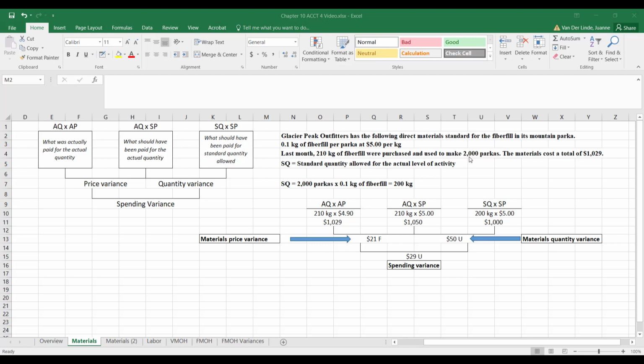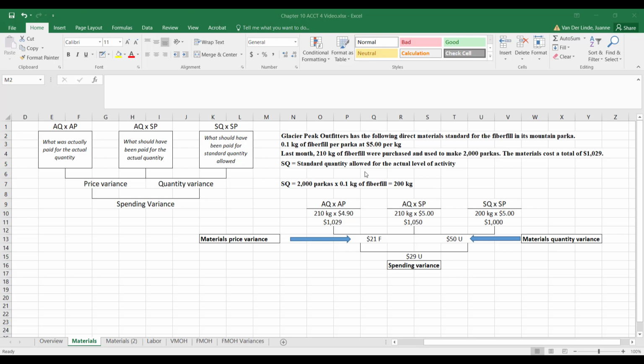Here, the actual output, the actual level of activity, is 2,000 parkas. In terms of materials, we actually used 210 kilograms of material to make those 2,000 parkas. The actual cost of the actual materials we ended up using was $1,029. So if we used 210 kilograms, let's find out our standard quantity allowed for the actual level of activity.